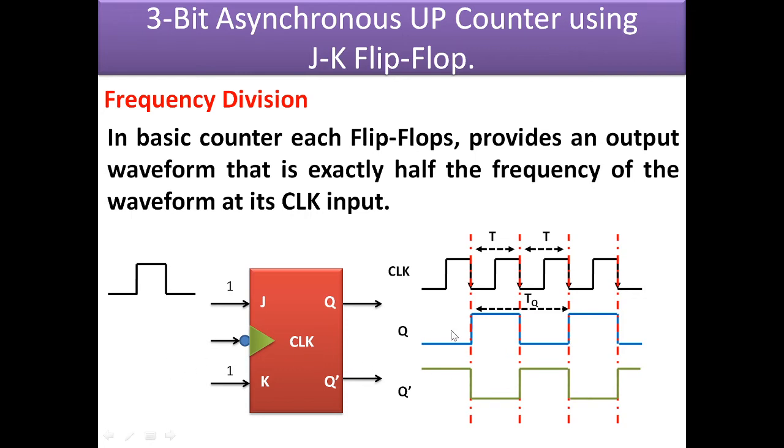Now the complementary waveform will be available at Q bar. So here we can see that if the clock frequency is F, the output at either Q or Q bar has just half the frequency.